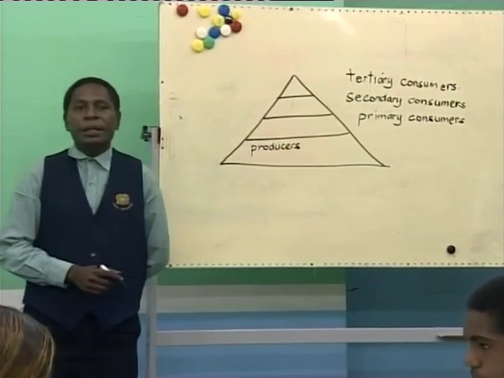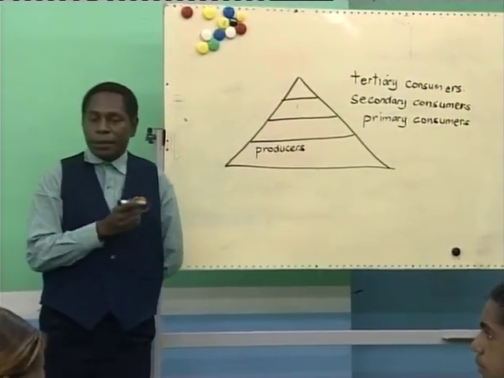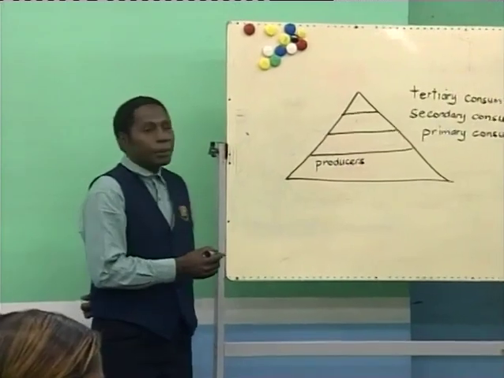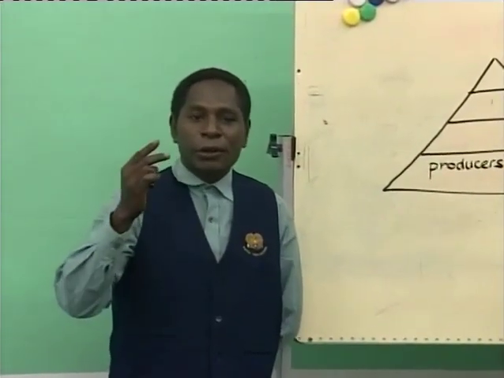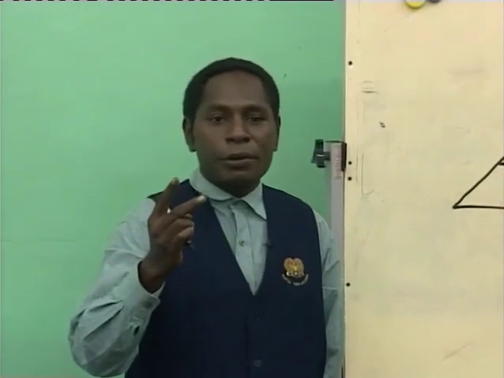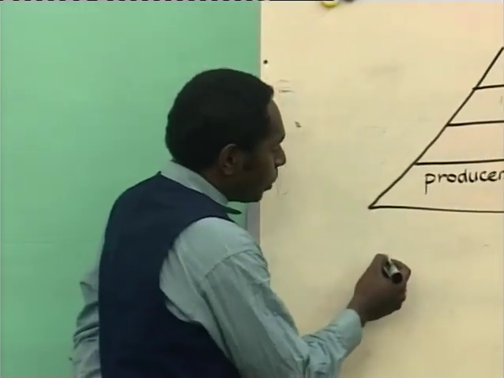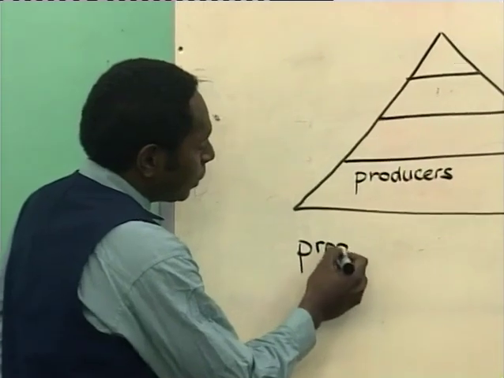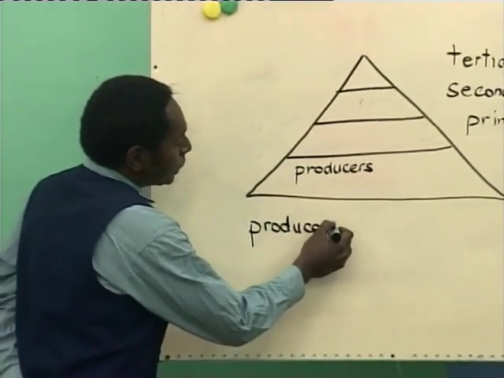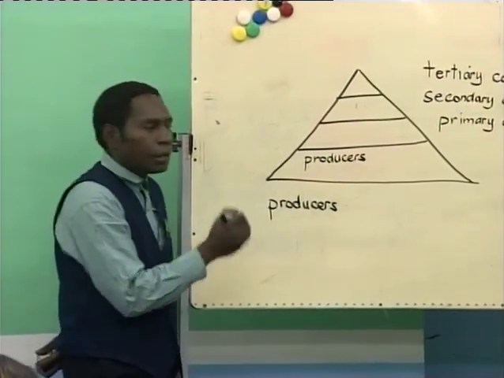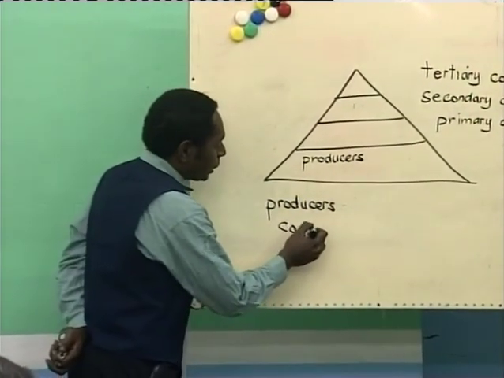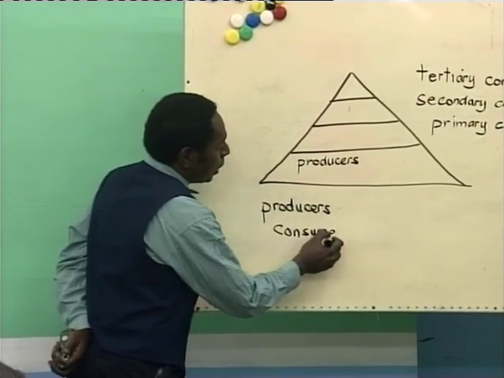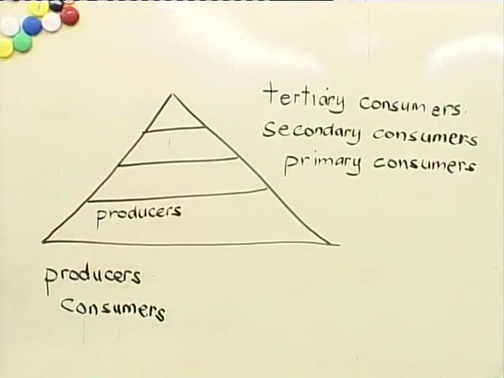The main thing that we looked at in our pyramid of biomass is that it is mainly divided into two types of groups, the producers and the consumers. Very good.